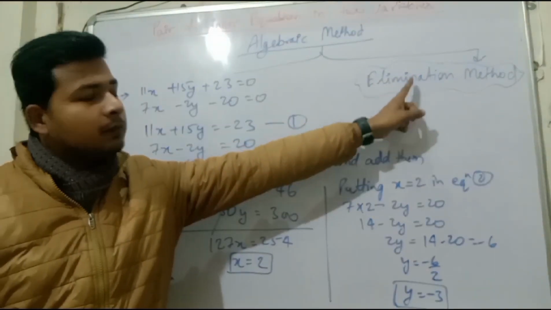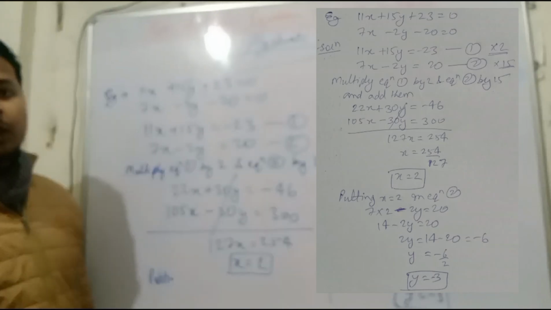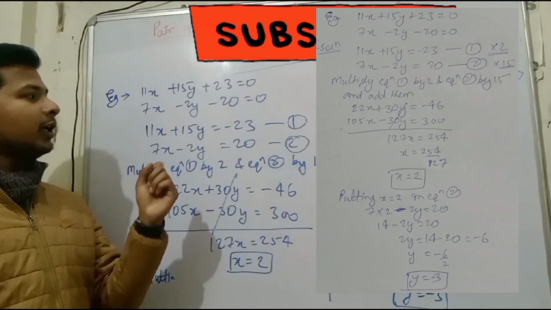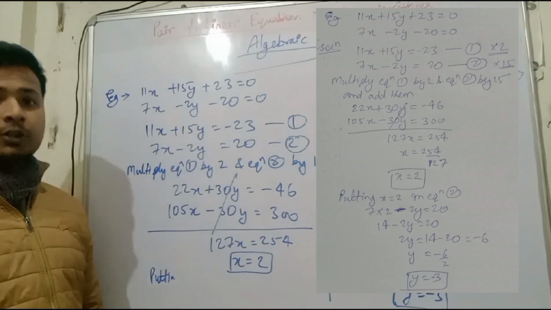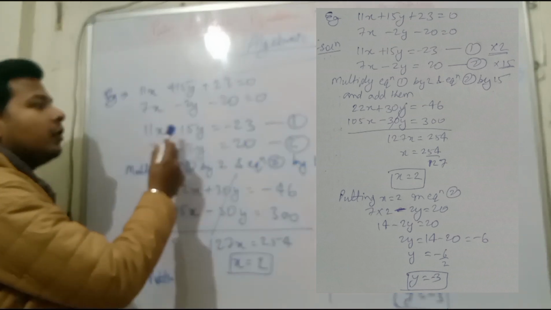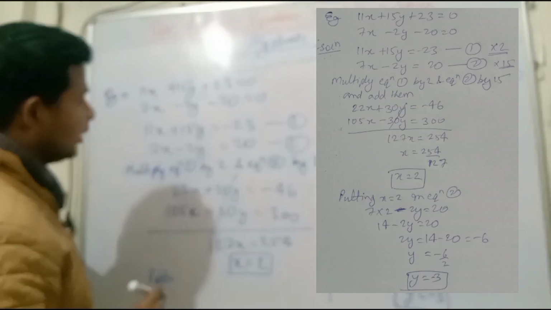According to the word elimination, we have to eliminate one of the variables by adding or subtracting these two equations. Before that, we have to multiply or divide something in these two equations to make the coefficient of either y or x the same.